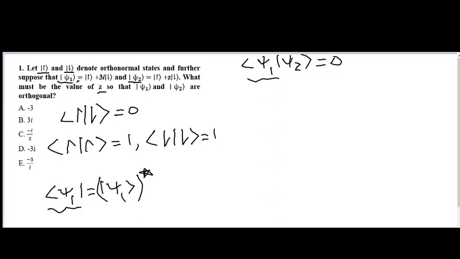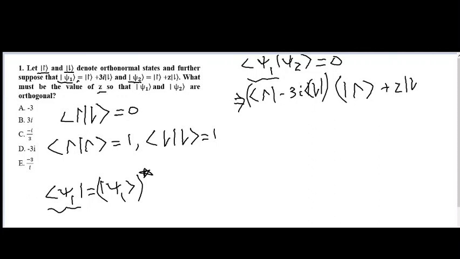Using the value of this psi1 here as the up state minus 3 iota times down state and psi2 ket as the up vector plus z times the down vector, and their product will be equal to 0. Here in the statement, this ket vector was in the form of up plus 3 iota, whereas here in the bra form it is minus 3 iota. That is, we take its complex conjugate.